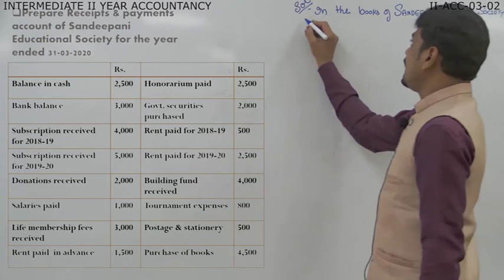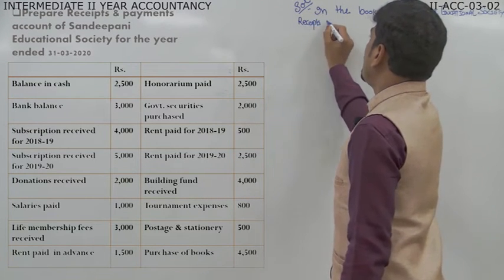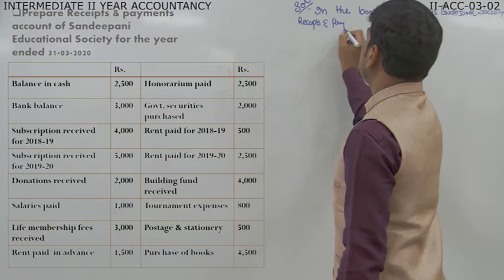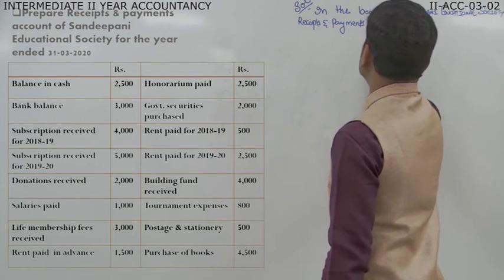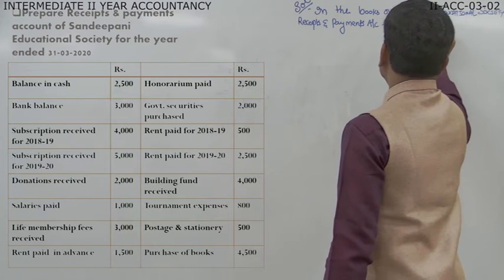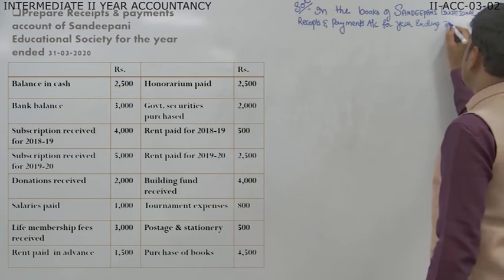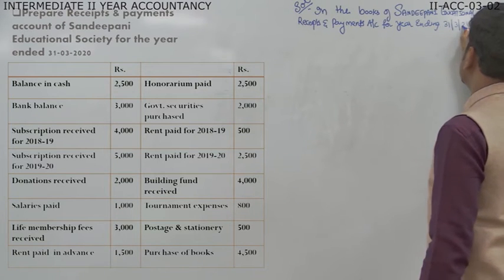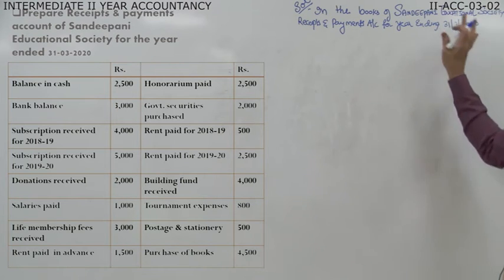Then, second, we write what we are preparing: receipts and payments account for the year ending, which they gave as 31st March 2020. Okay, this is the heading.